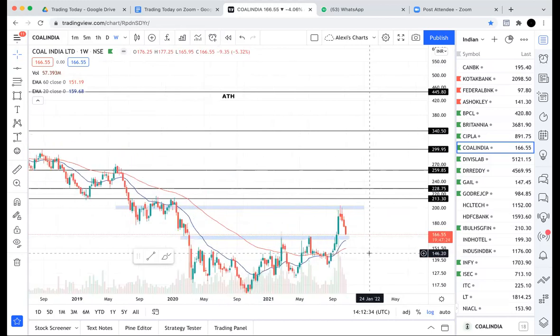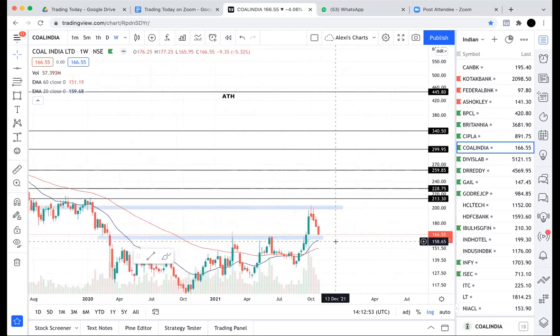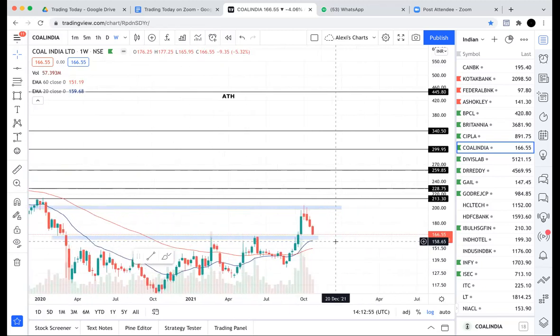But look what happened here a few weeks ago, in September, close to a month ago. The 20-day moving average crossed over above the 60-day moving average. Nice, see that? So let's say you entered a trade right here.